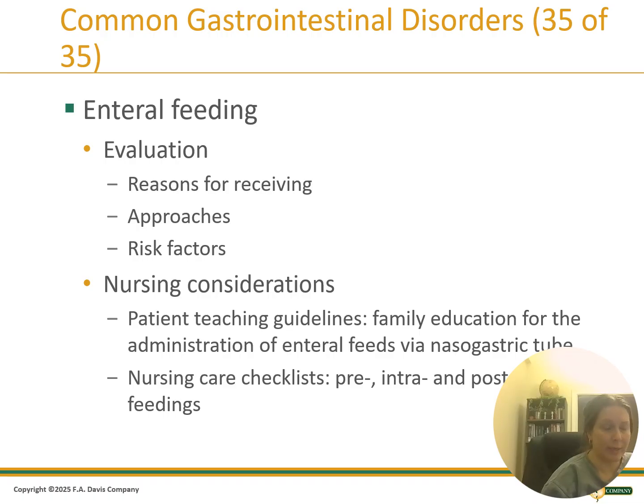If it's not able to, that's whenever we're going to go to things like TPN. We want to always have our priority risks with these. So we have our risk for aspiration, incorrect tube placement, feeding intolerance. We want to be sure we're educating the family on always checking the placement before administering any feeds or medications.